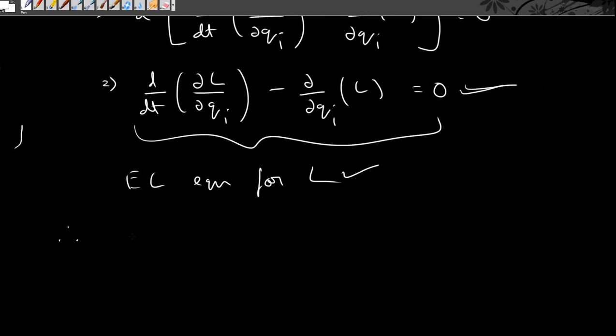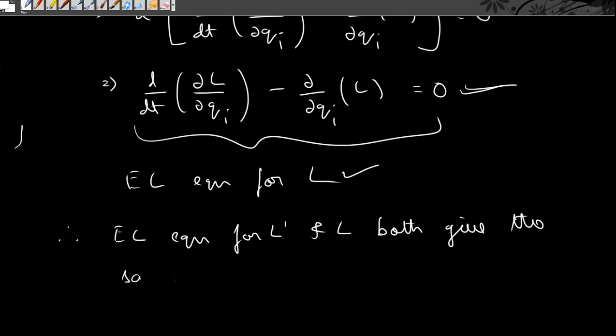Therefore the Euler-Lagrange equations for L dash and L both give the same condition, which implies the same equations of motion.